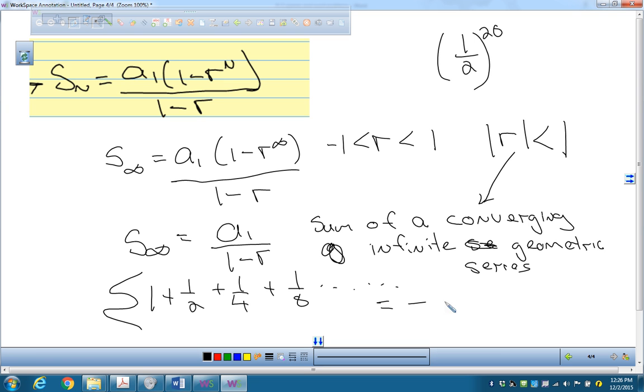What's r in this case? 1/2. So 1 minus 1/2. What's 1 minus 1/2? It's 1/2. What's 1 divided by 1/2? 2. See? So if I add up all these numbers, 1 plus 1/2 plus 1/4 plus 1/8 and so on, I get to 2.